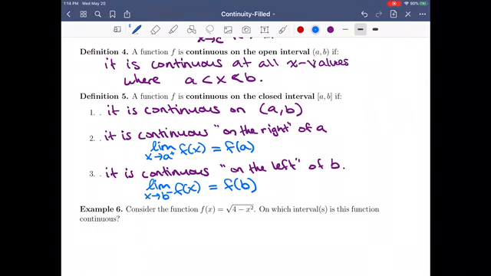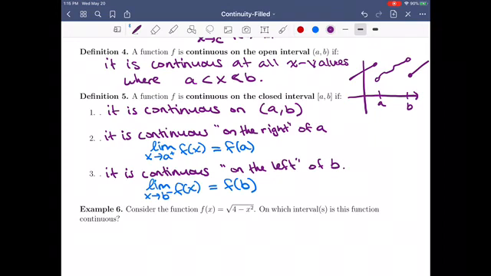So maybe I'll draw you a couple pictures here. Continuous on the interval, so maybe here's a, here's b. Maybe I have something like this.